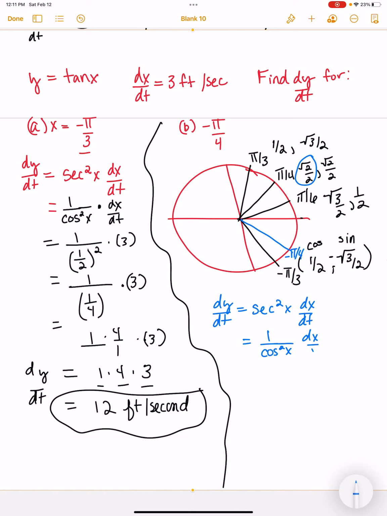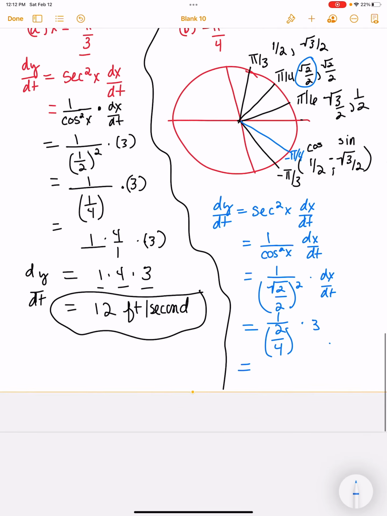So dy/dt equals 1 over square root of 2 over 2, squared, times dx/dt. Okay, so we're going to have 1 over 2 over 4, because I just squared the 2, which makes it 2, and then I squared the square root of 2, which anytime you square a square root, you just get the number, and then 2 times 2 is 4. And then we have dx/dt, which is 3.